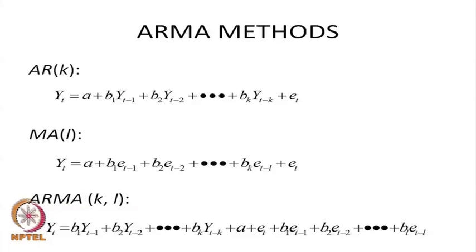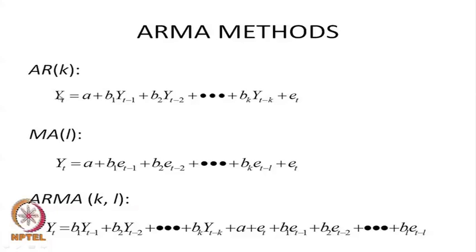Next, we just expose you to certain advanced topics in time series analysis. We call them autoregressive moving average methods, AR standing for autoregressive, MA standing for moving average. We are talking about time series analysis.